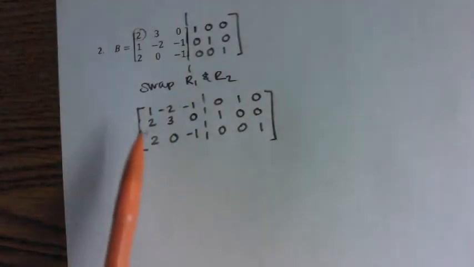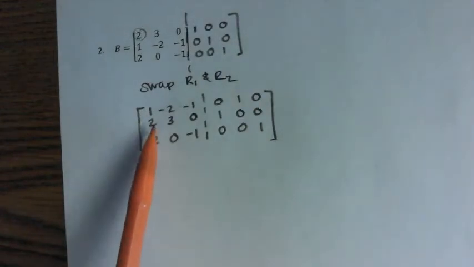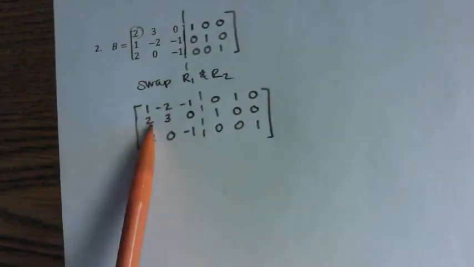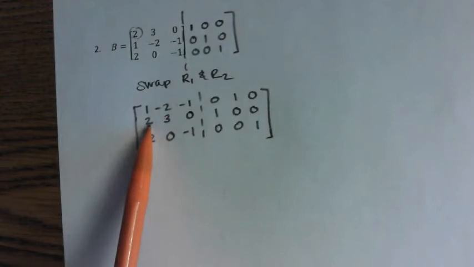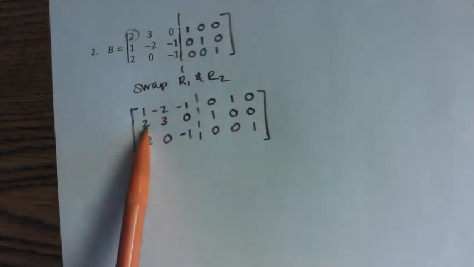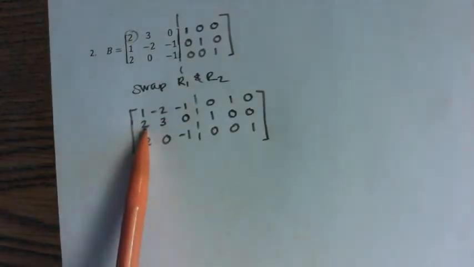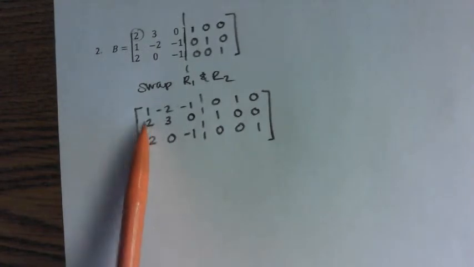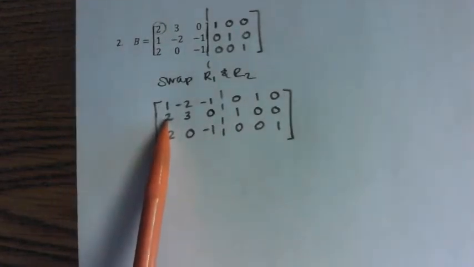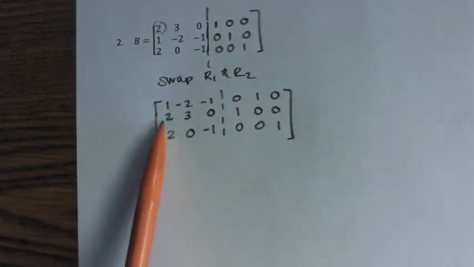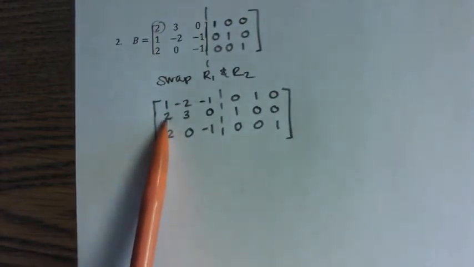So now I like to work down here and get this to be a 0. Getting things to be a 0 is the little bit harder way. But if I look at that and I want that to be a 0, I should look at other things in the same column. And how could I get that to be a 0?